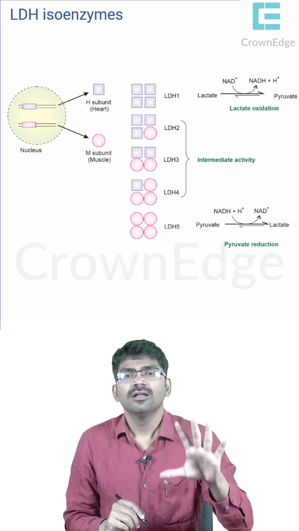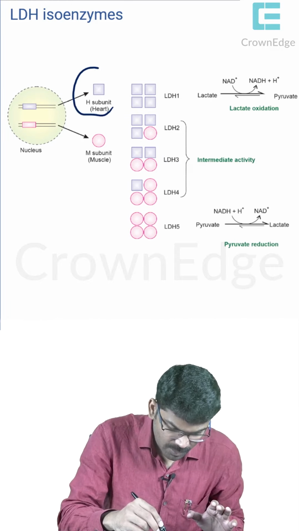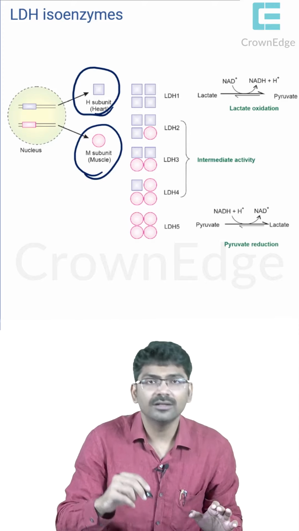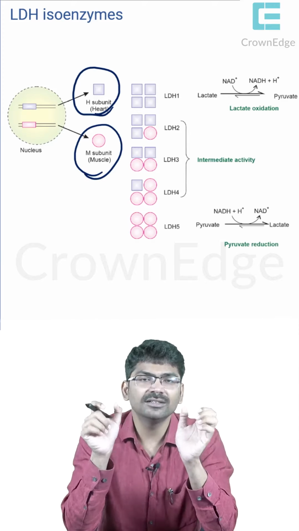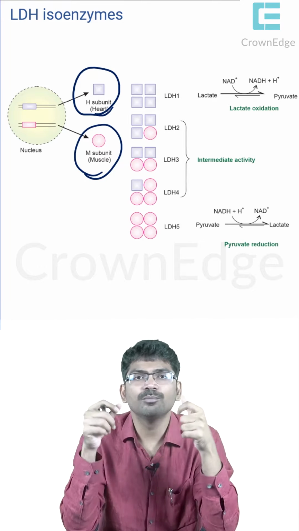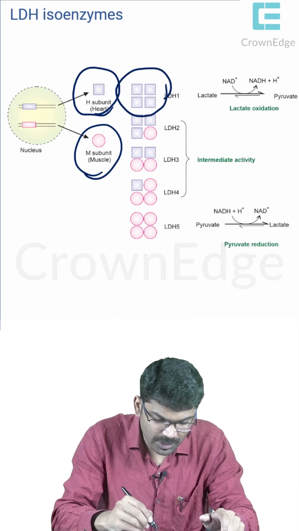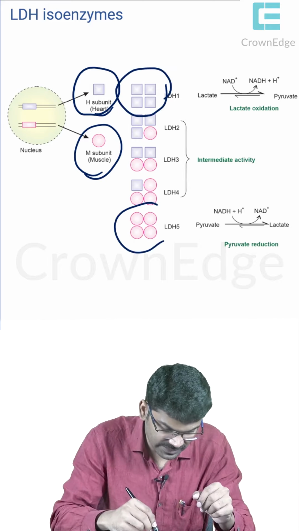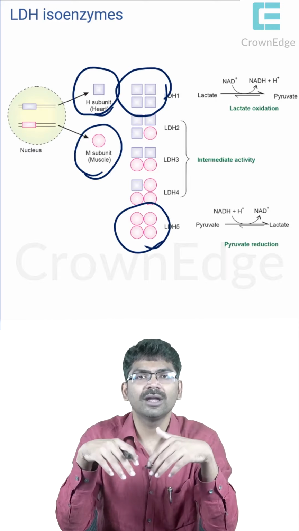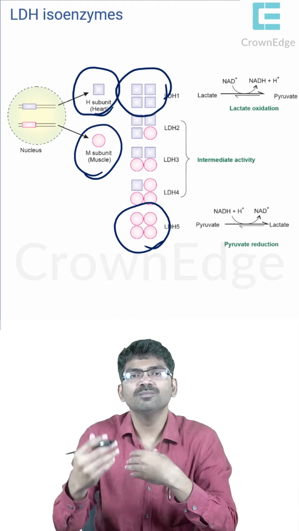These isoenzymes can be made up of H subunit or M subunit. H stands for heart, M stands for muscle. LDH1 is purely made up of H subunit, whereas LDH5 is purely made up of M subunit. 2, 3, 4 are mixtures.